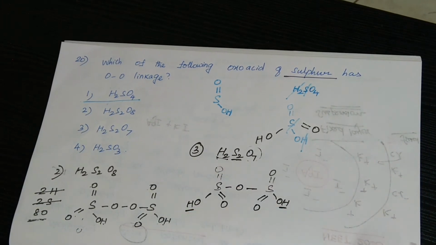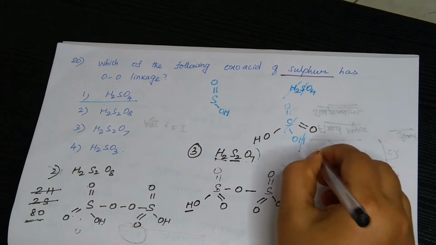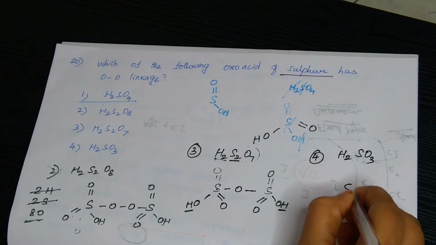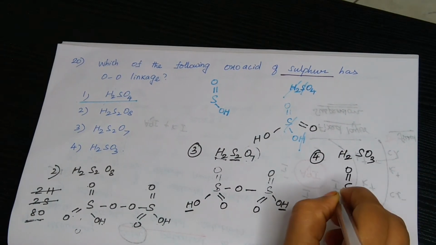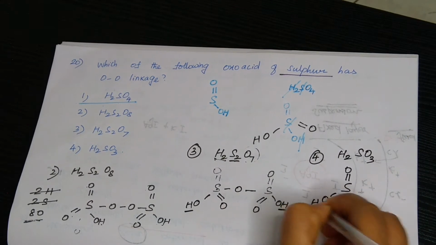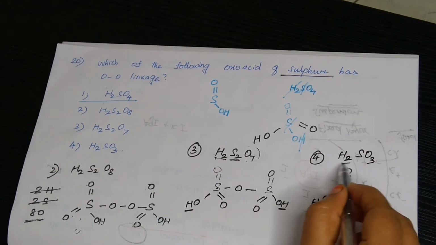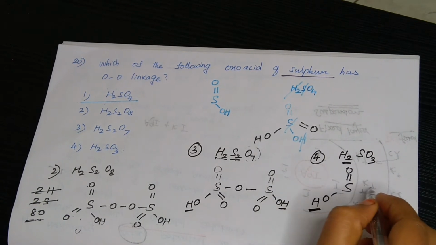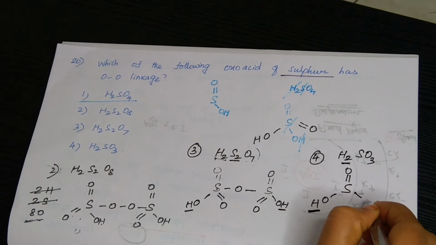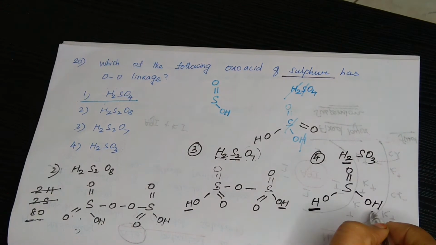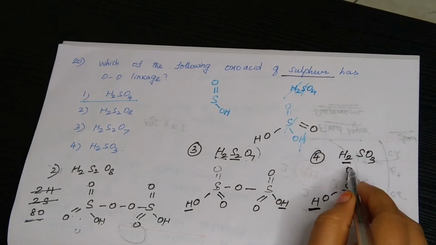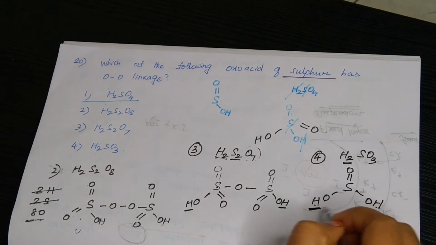This is H2S2O7, and the fourth one is H2SO3. Again for sulfur you put double bond O and 1 OH. So how many hydrogen? 2 hydrogen. So you need to put another hydrogen, bonded with OH. So another OH. You have 1 sulfur, 3 oxygen and 2 hydrogen.